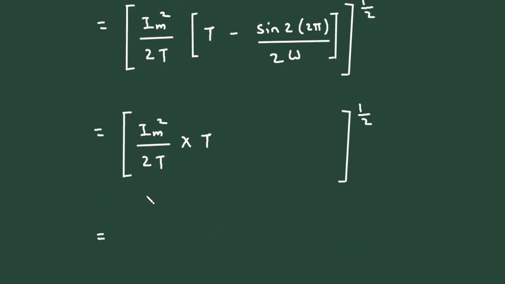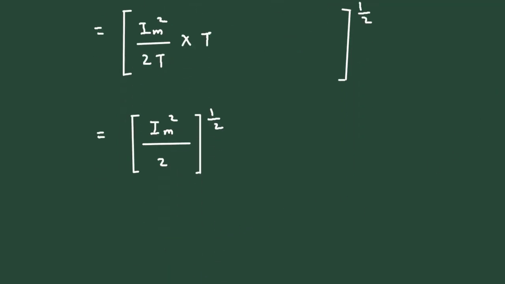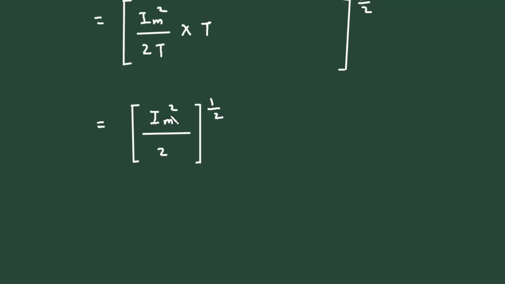So what is remaining part? Only in bracket Im square divided by 2. This T and this T will get cancelled, and to the power 1 by 2. So this 2 and this 2 will get cancelled.